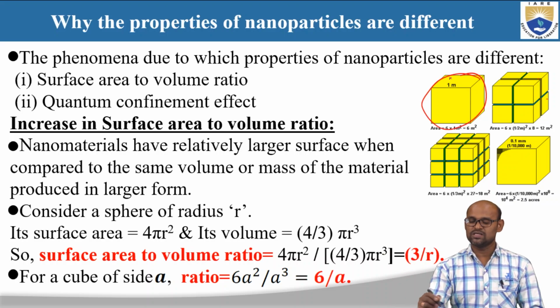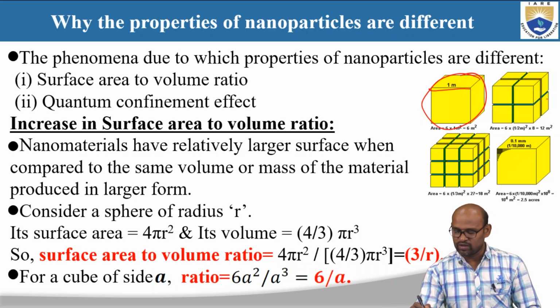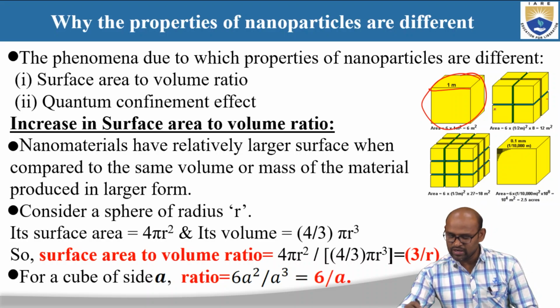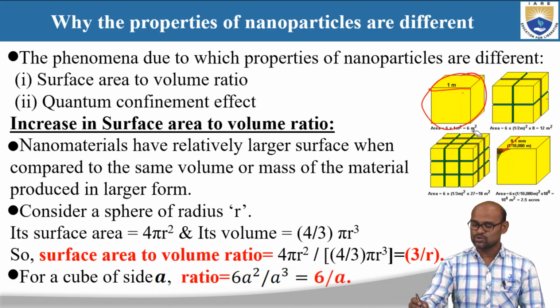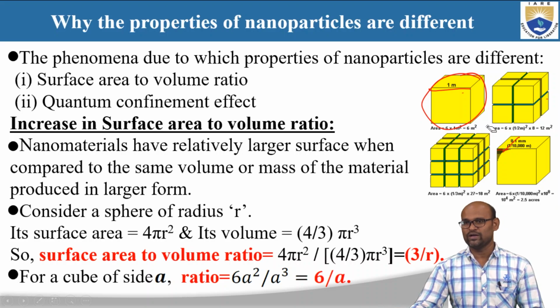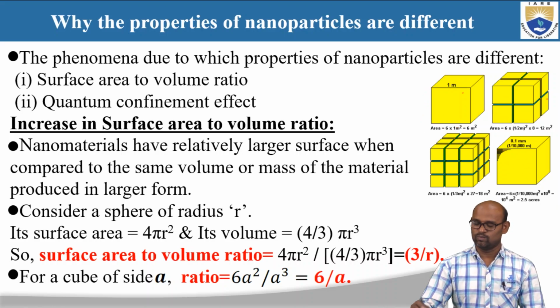This is bulk, where each side of the cube is 1 meter, but now I have divided this into very small cubes of 0.1 nanometers. Then I have gone from bulk to nano, and I found that the surface area to volume ratio has become 2.5 acres. So 6 meters squared to 2.5 acres. It's very large.